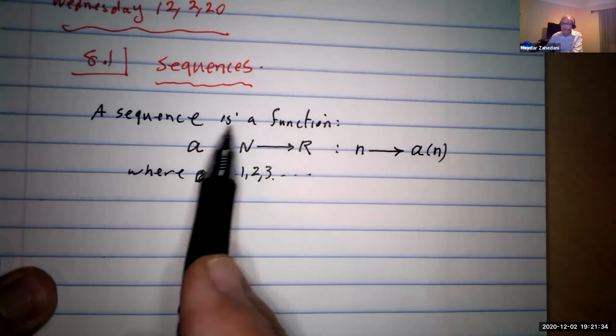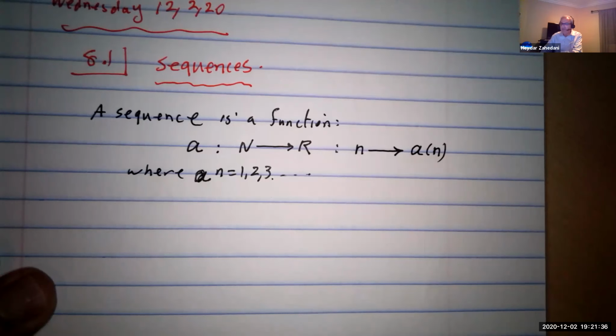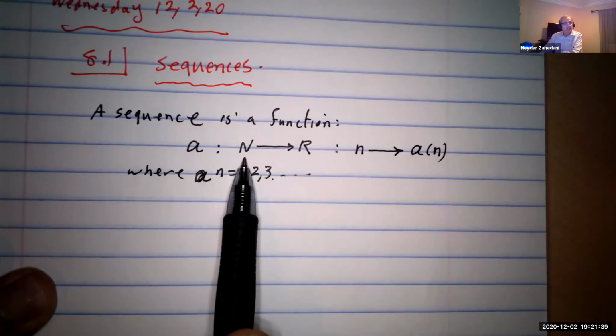Since the domain of all sequences is the same, it's just the set of natural numbers.